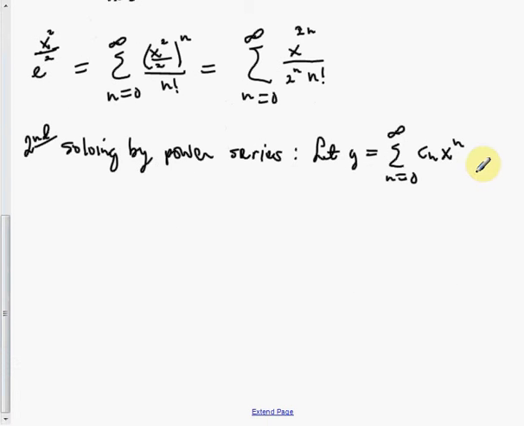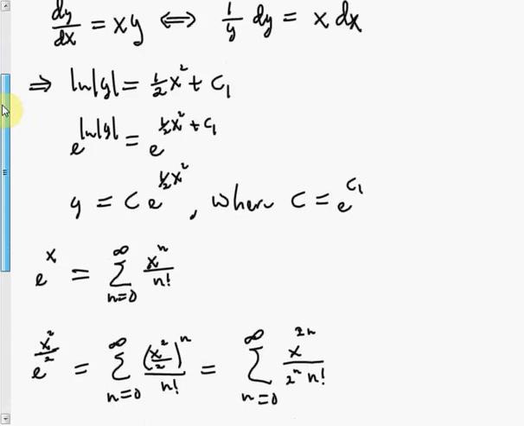And for this problem, we only have y prime, so y prime is the summation as n goes from 0 to infinity of c sub n times x to the n minus 1. And so we have y prime, what is that again?